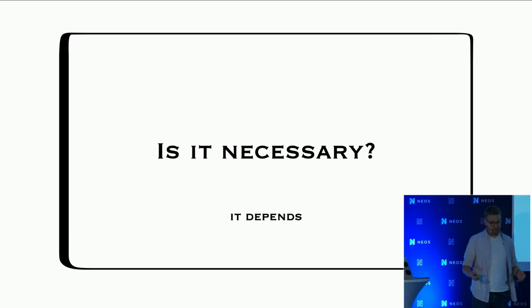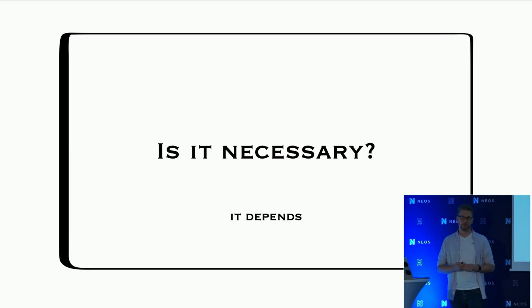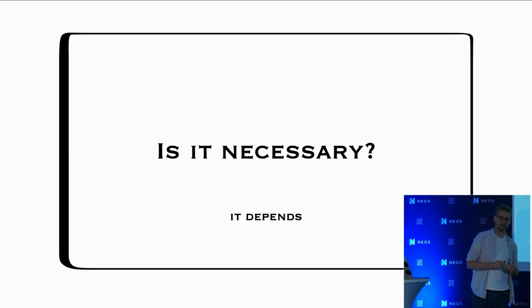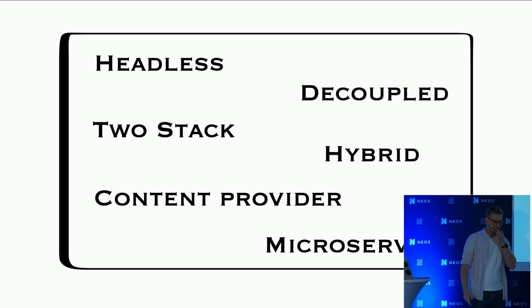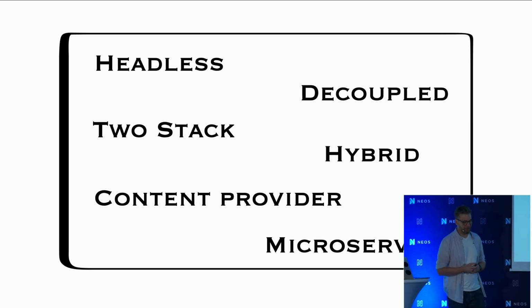So the question is, is it necessary? And the most famous answer in web development is "it depends." So let's play a bit of buzzword bingo, not bullshit bingo. Okay, so headless, decoupled, two-stack, hybrid, content provider, microservices, very fancy.